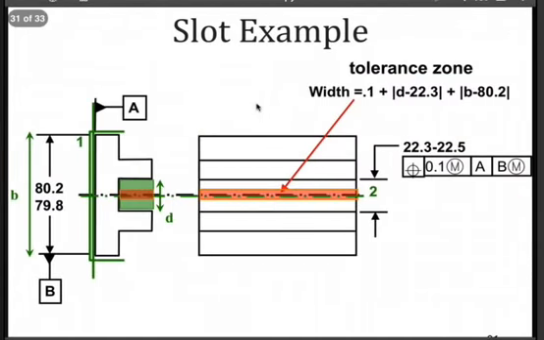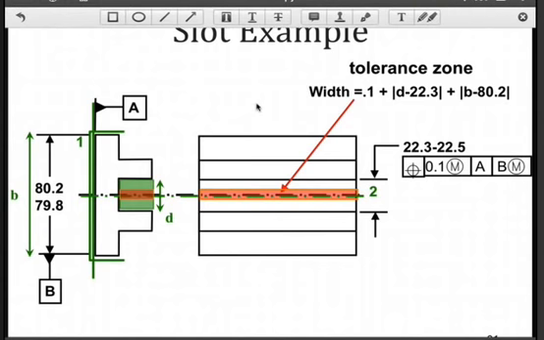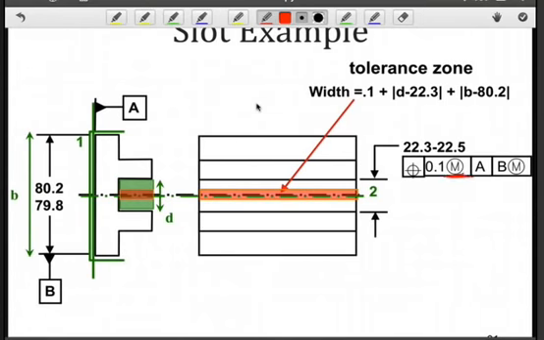In the slot example, we can add a material condition to datum B because it's a feature of size, and of course the slot itself. So we see that here. Now we know that we have a dynamic tolerance. Here's the static part that we had from before. And now we find the mating envelope for the slot, determine its width, D. That's the actual. And then subtract out the maximum material condition, which of course would be the smallest dimension for this slot.